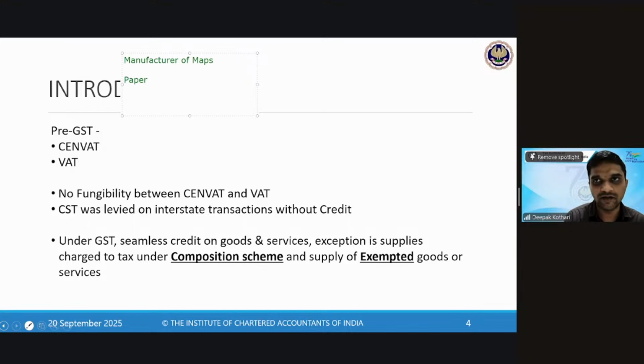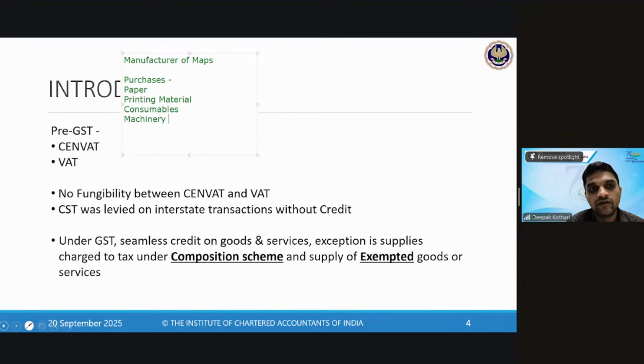Paper is required because on paper only he will do the printing of the maps. So, paper is required, printing material is required, and some machinery is required because he'll do printing through the machinery. Apart from that, raw materials he will require and some consumables. These are his basic purchases.